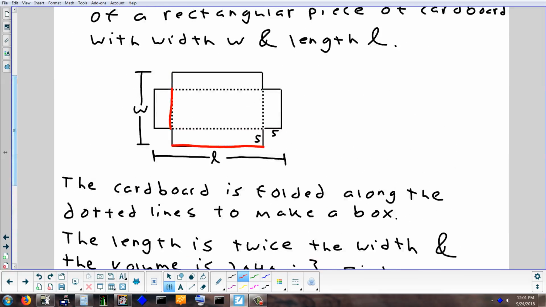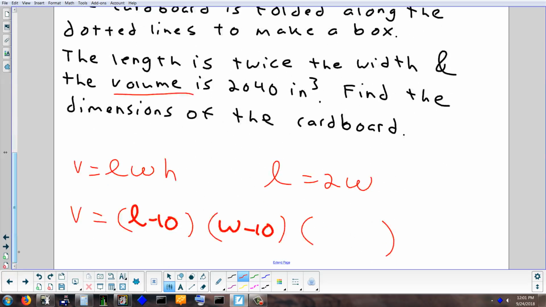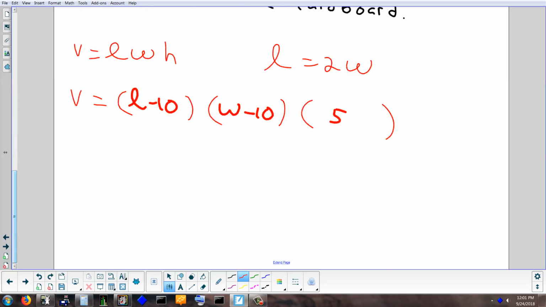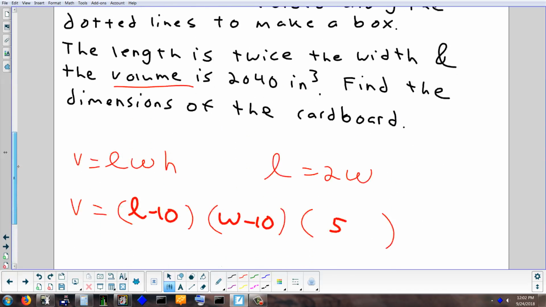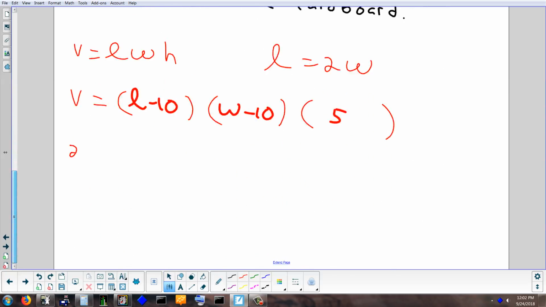So we have the length when we fold it, the width, and now the height. What's going to be the height of the sides on the tray when you fold them up? Yeah, it's 5. So this isn't bad, except for the fact there's 2 variables. Now, V isn't really a variable because we know the volume is 2040.